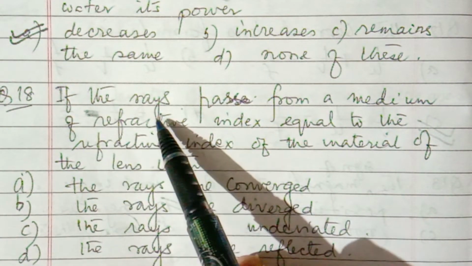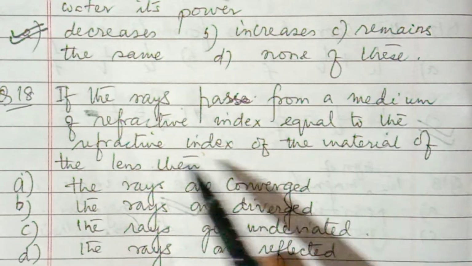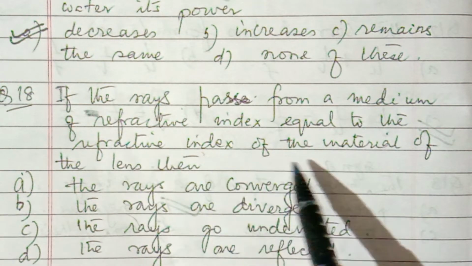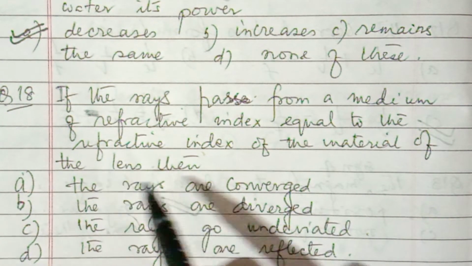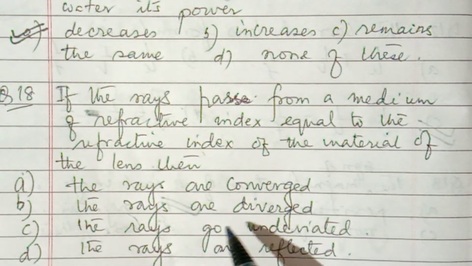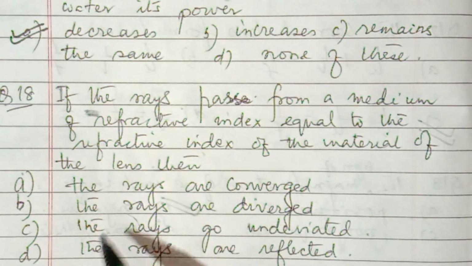Okay. The next question, number 18. If the rays pass from a medium of refractive index equal to the refractive index of the material of the lens, then the rays are converged, the rays are diverged, the rays go undeviated, the rays are reflected.